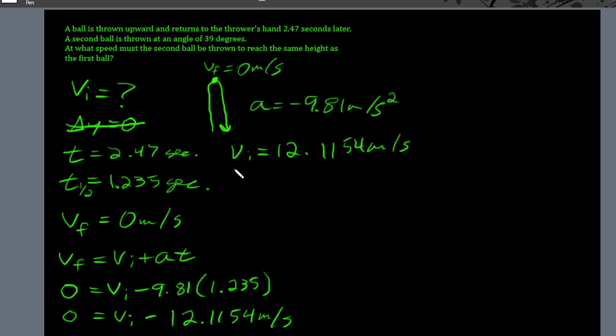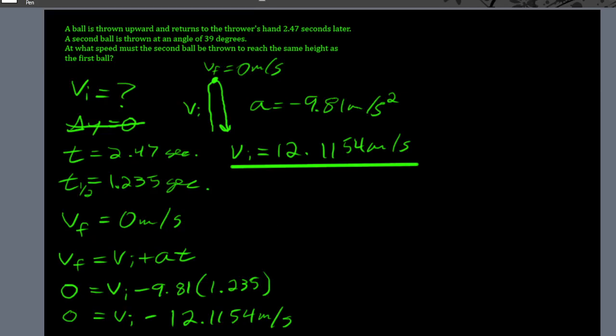So there's the first part of our question, and that is the fact that this ball is thrown with an initial velocity of 12.1154 meters per second. Of course, your number will vary, but that's my number.